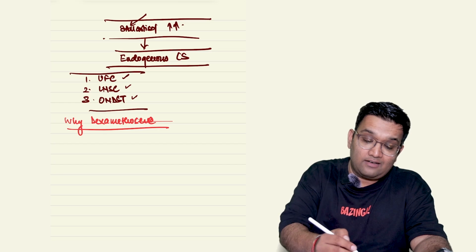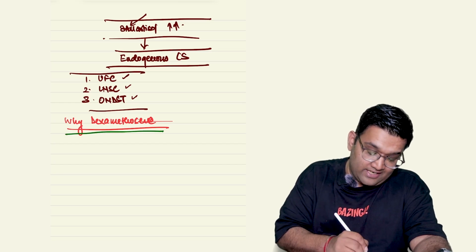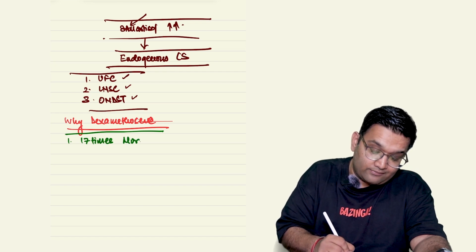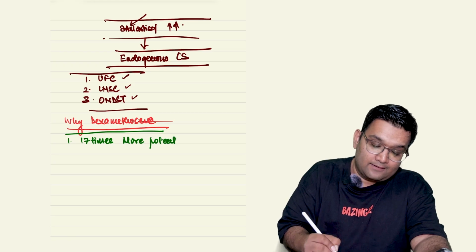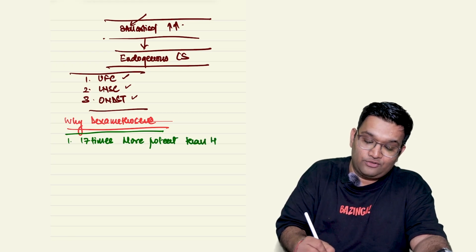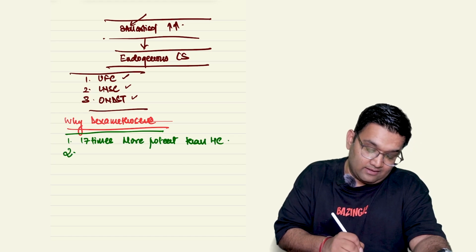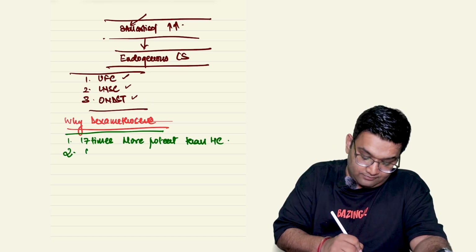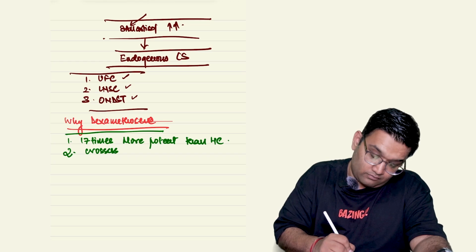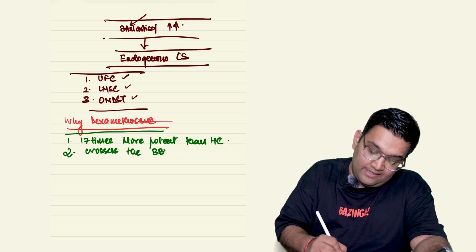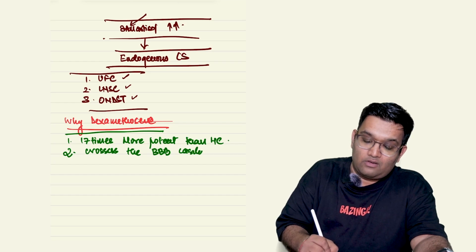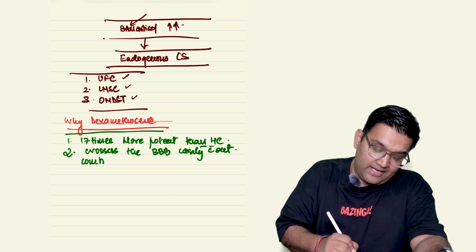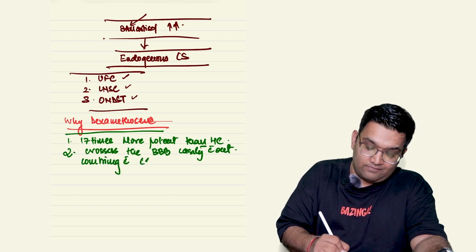So you might think as to why dexamethasone is used and why not any other steroid is used. There are many reasons for this. One is it is 17 times more potent than hydrocortisone. Secondly, it crosses the blood-brain barrier very easily without combining with CBG.